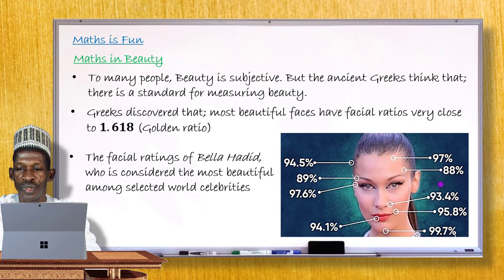These percentages are computed based on some measurements and calculations, which discovered these are the percentages of these face parts compared to this 1.618. So according to the ancient Greeks, how close those ratios of the face are to this value is what determines these percentages, and it determines the overall measurement of the beauty of that very person.